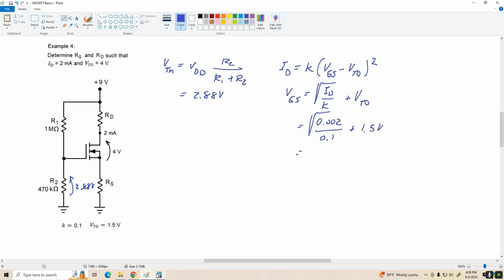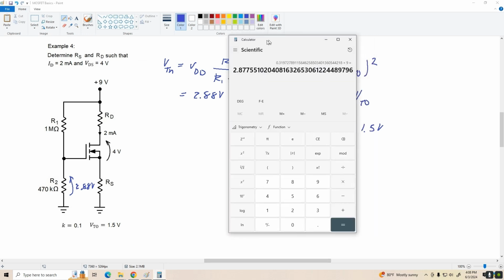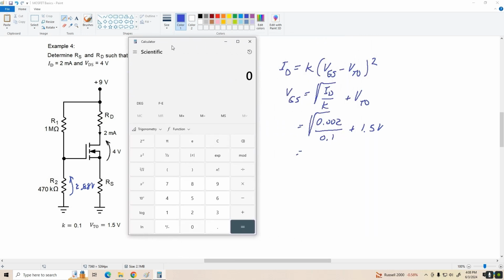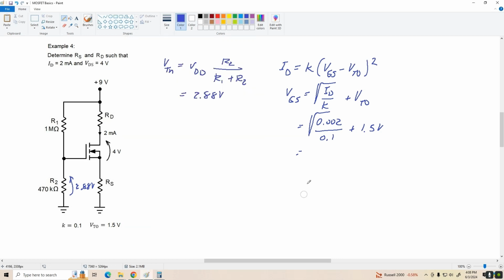And let's see what that comes out to be. 0.002 divided by 0.1, square root, plus 1.5 gives us 1.64 volts. So we need VGS equal to 1.64 volts in order to get 2 milliamps.